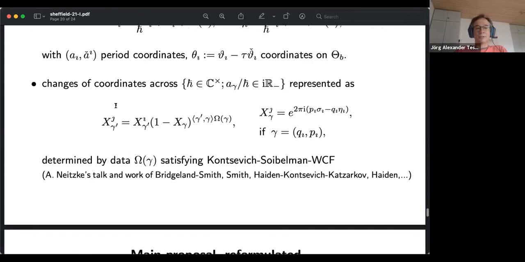And secondly, the changes of coordinates should have this cluster-like form determined essentially by these data Omega of gamma, the DT invariants satisfying the Kontsevich-Soibelman wall-crossing formula.